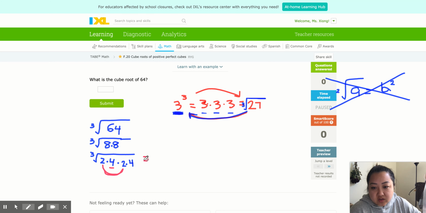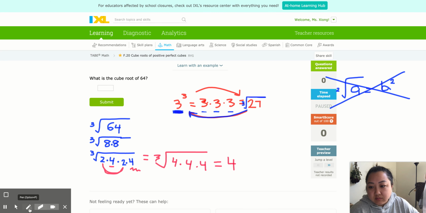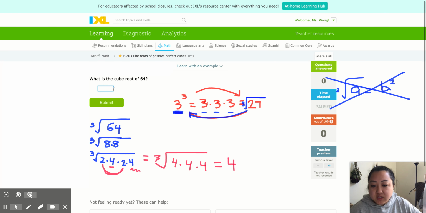So it's going to turn out to be, what's 2 times 2? 4 times, and then I still have this 4, and this one. So basically, what's my answer? My answer is 4. The cube root of 64 is 4.